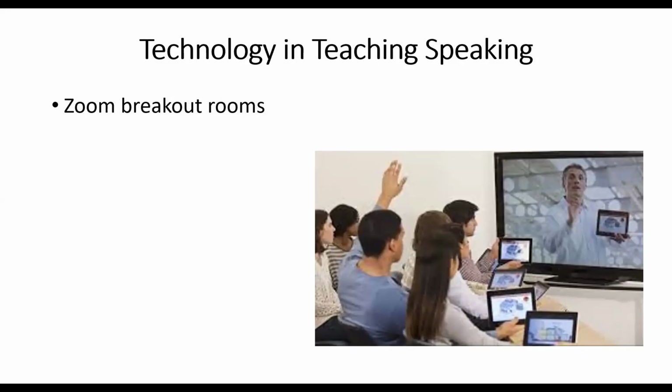As a teacher, I will monitor them one by one. I will move from breakout room 1 to breakout room 2, 3, 4, and 5. After they have finished discussing, I will ask them to go back to the main room and report what they have discussed and what challenges they faced in the breakout room.